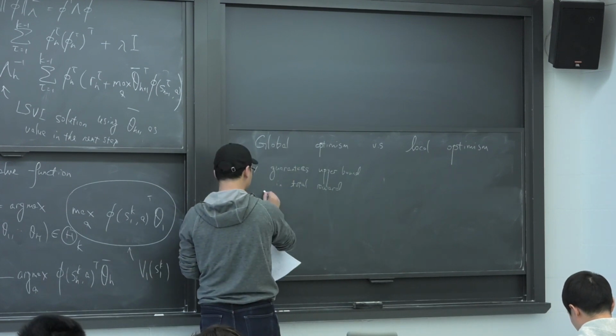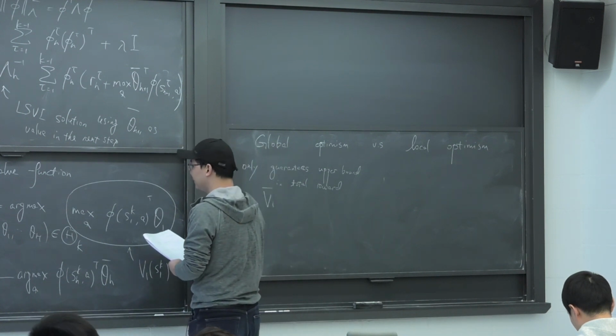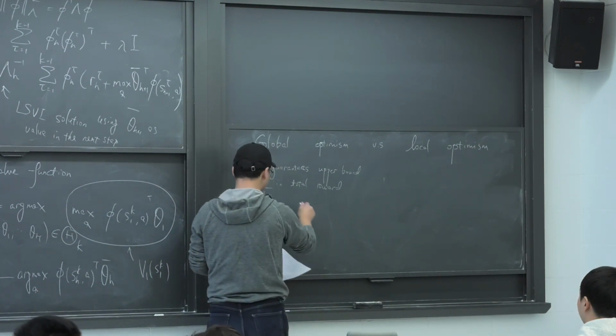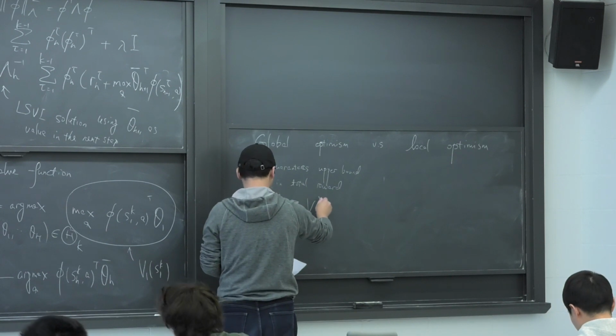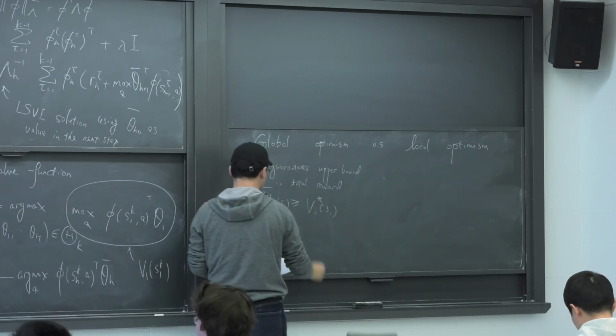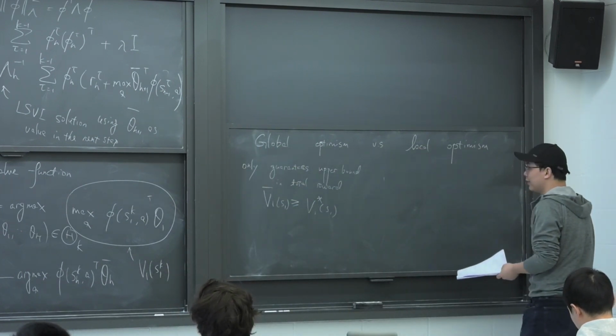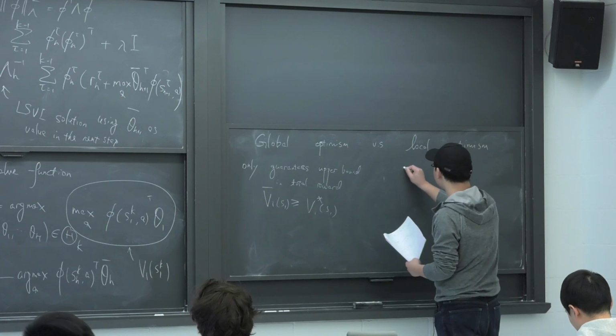In the sense that we don't guarantee the V1 bar we find here is an upper bound on the V1 star for specific initial states. While in the local optimism, we essentially guarantee its upper bounds.